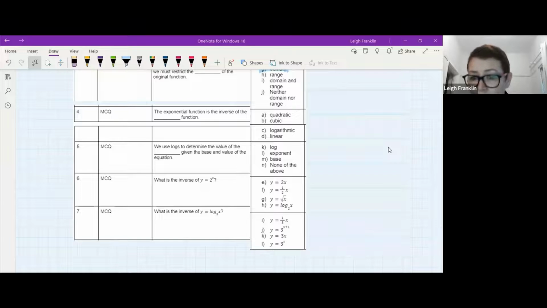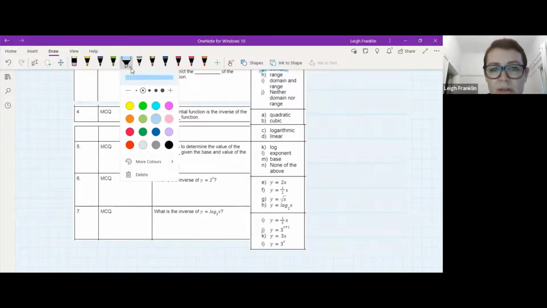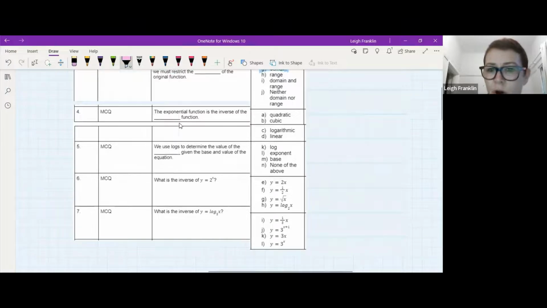The inverse of the quadratic function doesn't actually have a name. We just call it the inverse of the quadratic function. Good job. Pumeza, it doesn't matter. Don't worry.